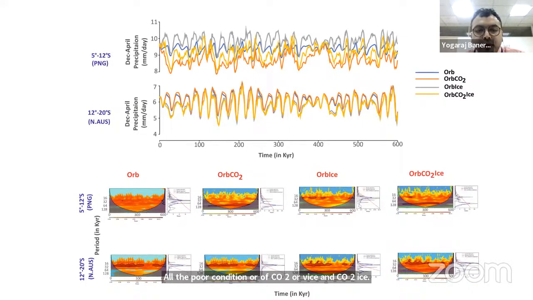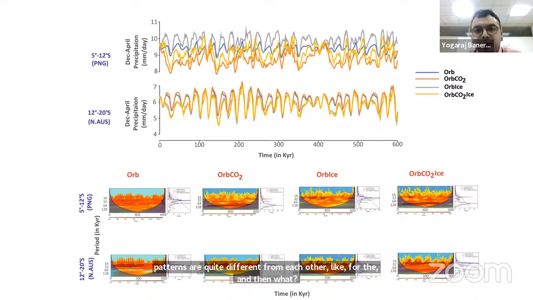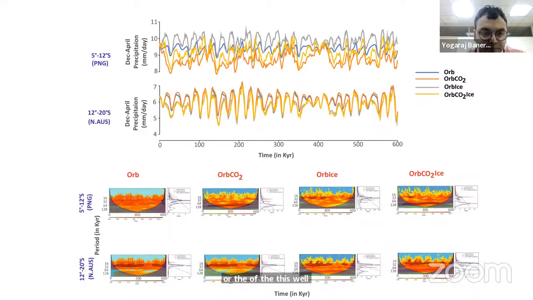And the bottommost panels are the wavelet spectra for all these four conditions, for both these regions. And what we can see from the upper panel also is that the reconstructed patterns are quite different from each other, like for the Papua New Guinea and the Northern Australian part of this Western Pacific warm pool region.